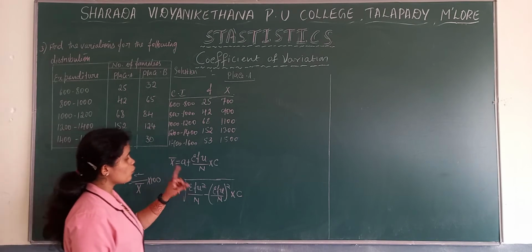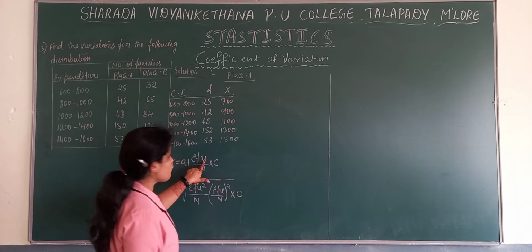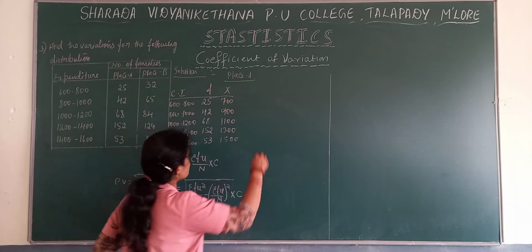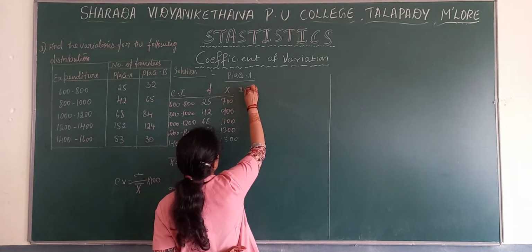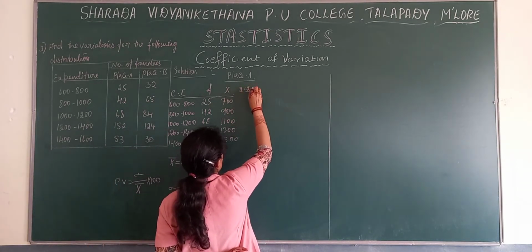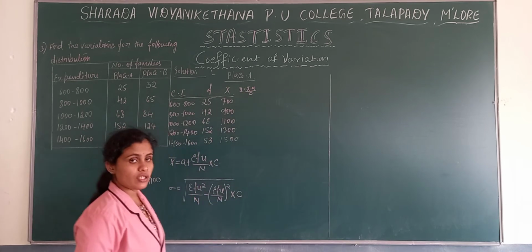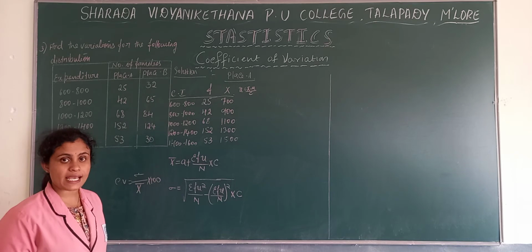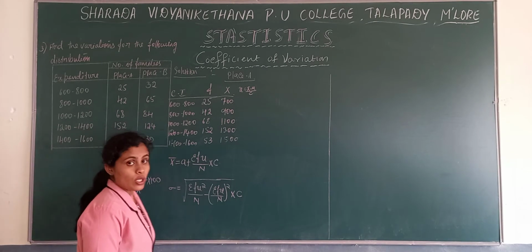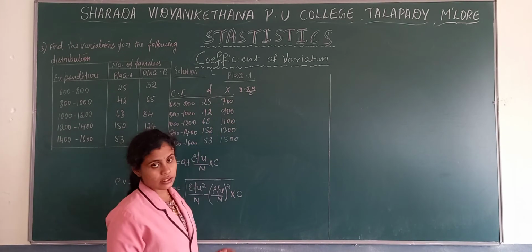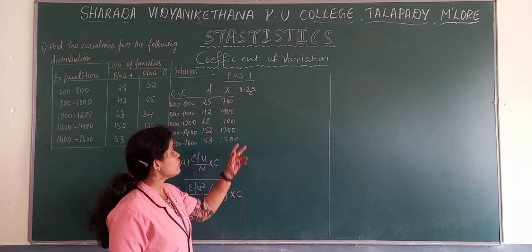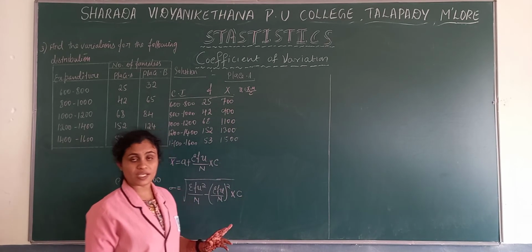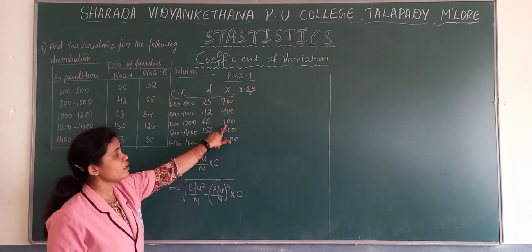Now we will find out which columns we require. Firstly we need to prepare that u. U is nothing but x minus A divided by c. Any one value from X series we need to take as assumed value A. Usually we take the lowest value, where we can avoid the minus sign. But here we will take the mid value.